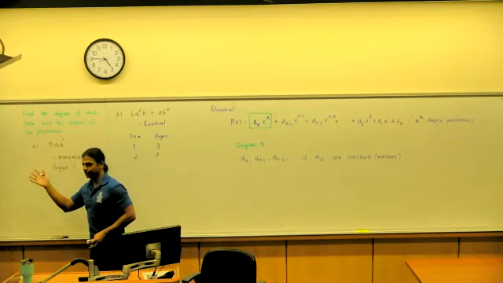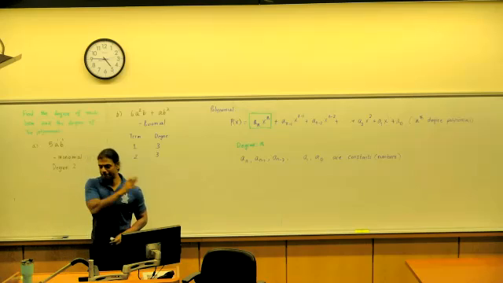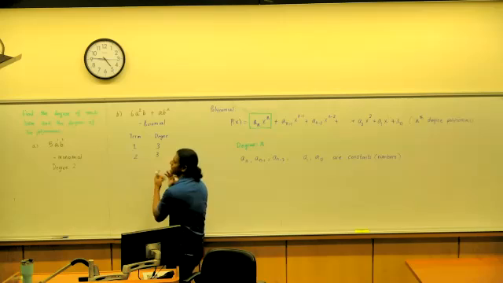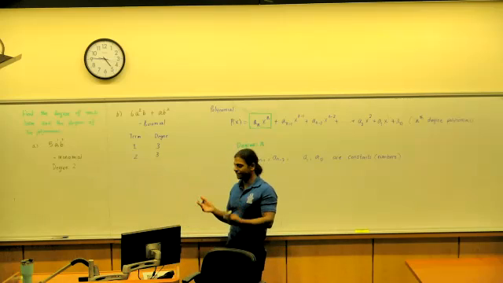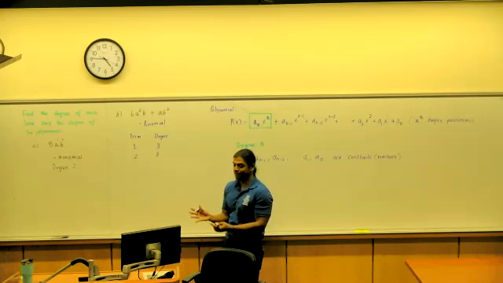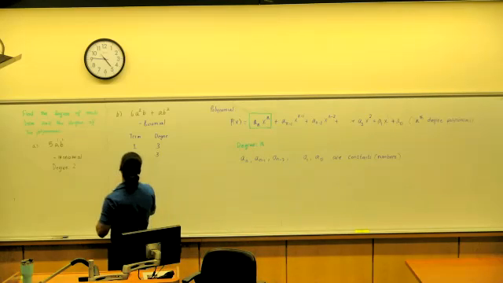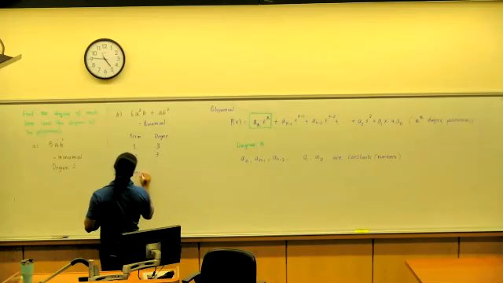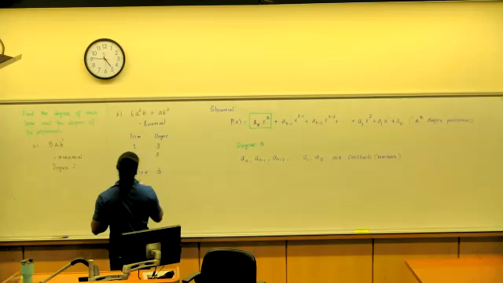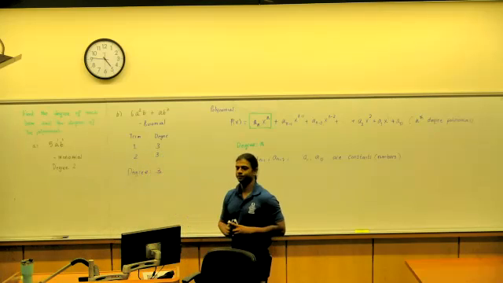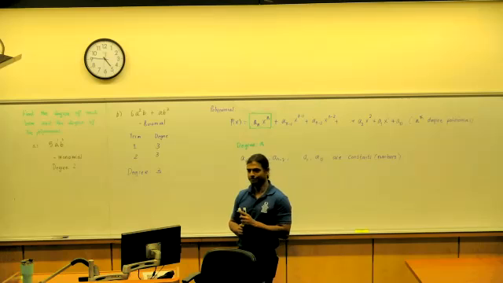The degree of the polynomial is simply the maximum of the values that you write down, or the highest value. What is the maximum of 3 and 3? 3. So the degree of the binomial is simply 3. Good.